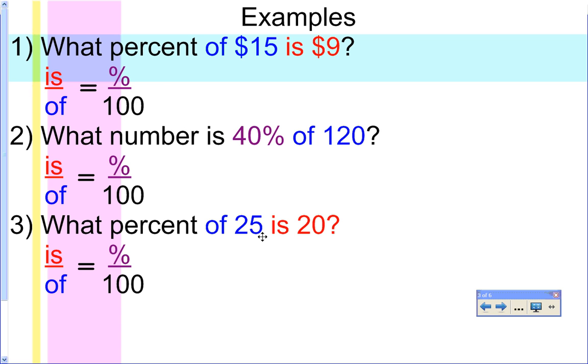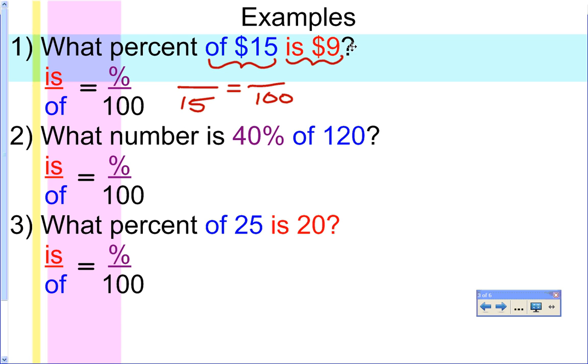So, if we look at these examples, the first example says, what percent of $15 is $9? So we're looking for the keywords is, of, and percent, right? So we have of $15 is $9. So guess where the of $15 goes? That's right, it goes in the of spot.